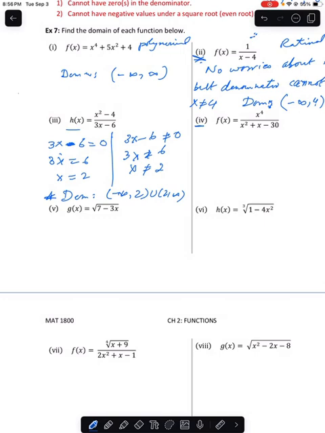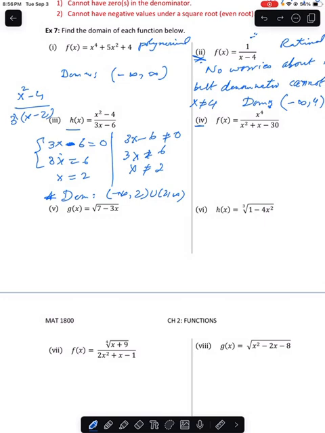So we get x squared minus 4 over 3 factored out, and inside I'm getting x minus 2. By looking at it, you don't have to do the extra work; you can see x is not equal to 2, and then you can write your domain. We will apply the same strategy in number 4.